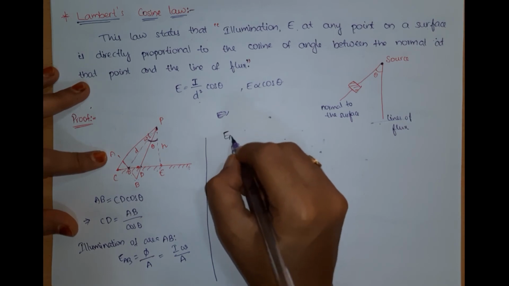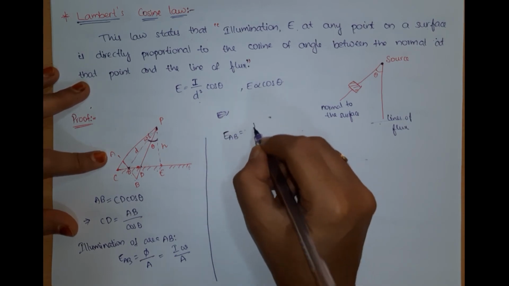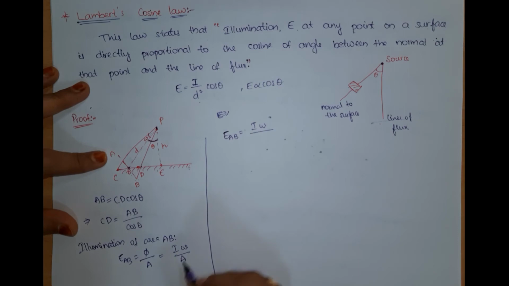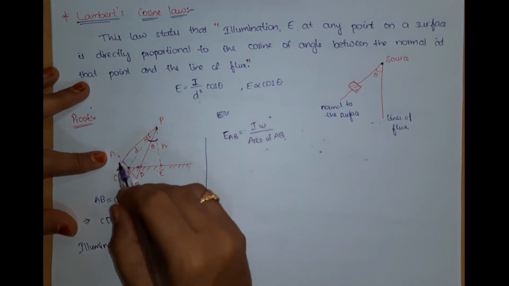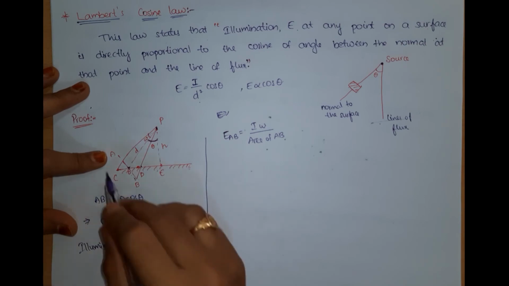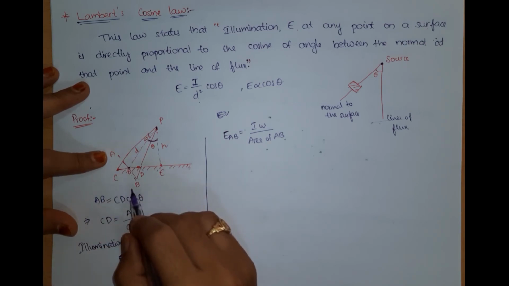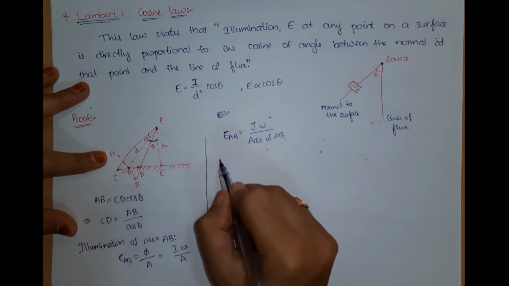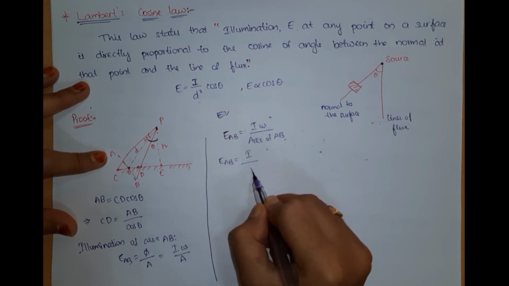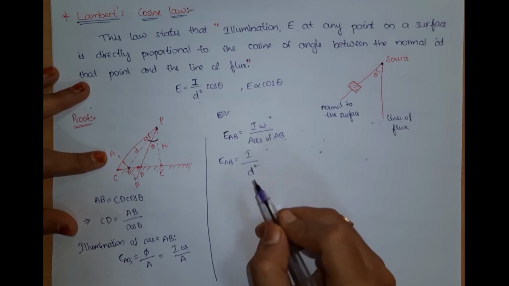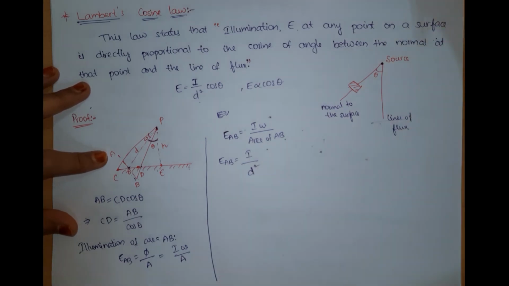Now EAB from this can be written as I into omega by the area of AB, the area of the surface where our surface is AB. Now from the inverse square law we have found out that EAB is I by D square.